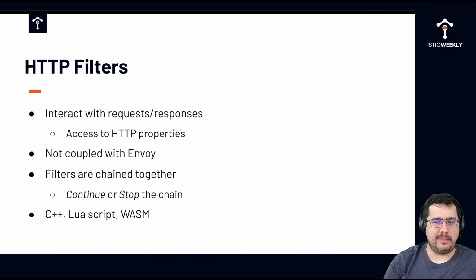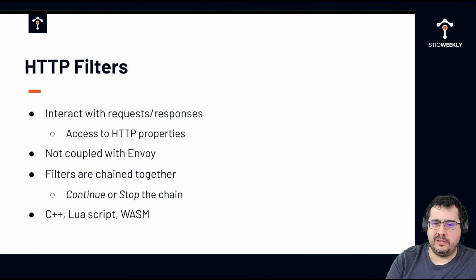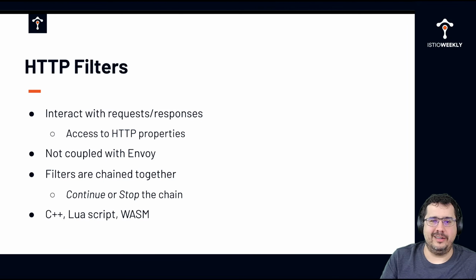But what WebAssembly and WASM allows you to do is to actually write filters in Go or Rust. And I'll show you how to do that in Go next time. Also, there's a filter called the Lua script filter that allows you to write Lua script code and then include that code as an HTTP filter in the chain.